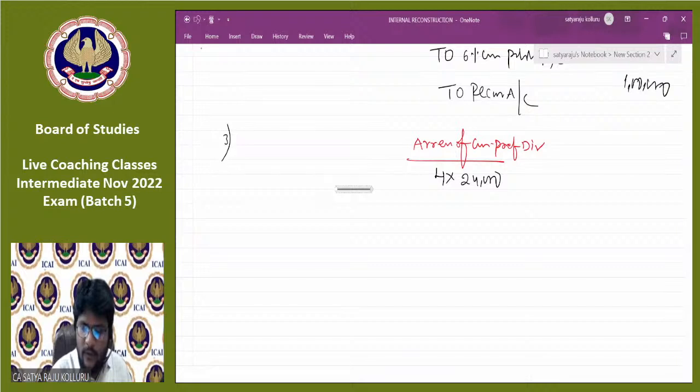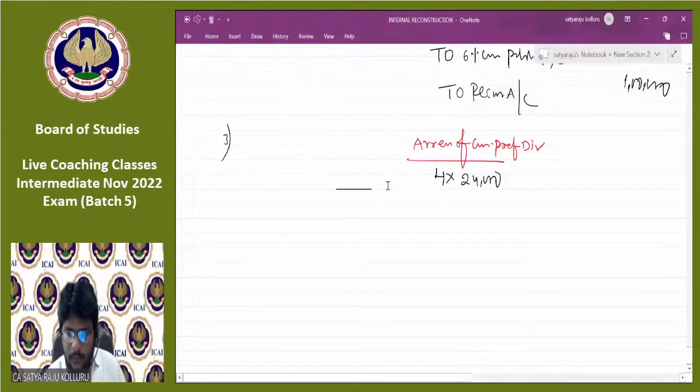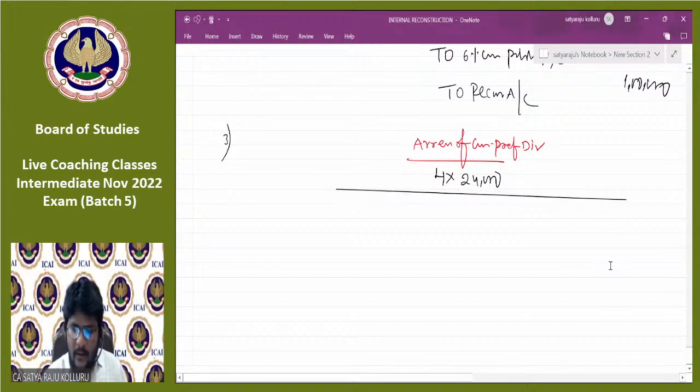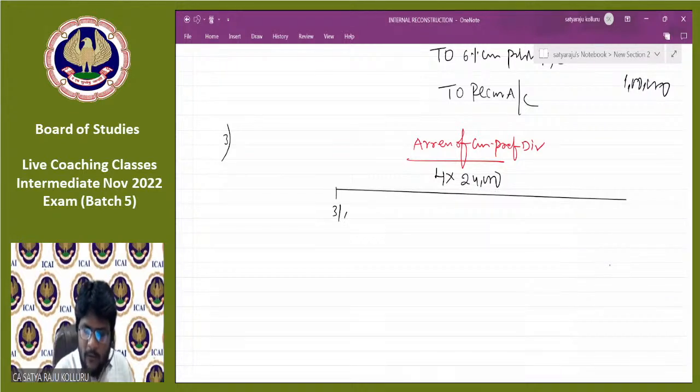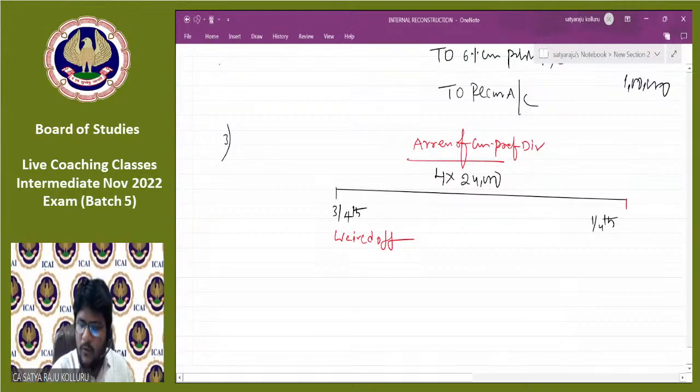Out of which it is clearly given that 3/4 is to be waived off. Waive off means sacrifice. 3/4 is waived off. And what about the remaining 1/4, sir? The remaining 1/4 we are paying in the form of equity shares.